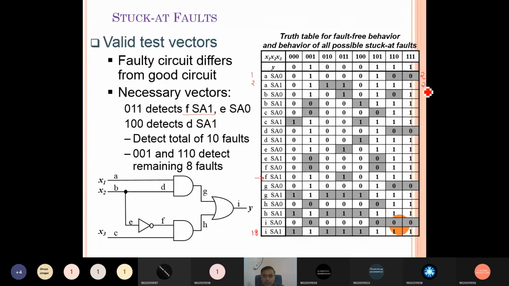In this also two, this also two, this also two, this also two, and here it is one, here also one, here two, here two, here one. This has two, this has four, this has two, this has four and four. So this is the list of the number of combinations for which the faulty and fault-free outputs differ.